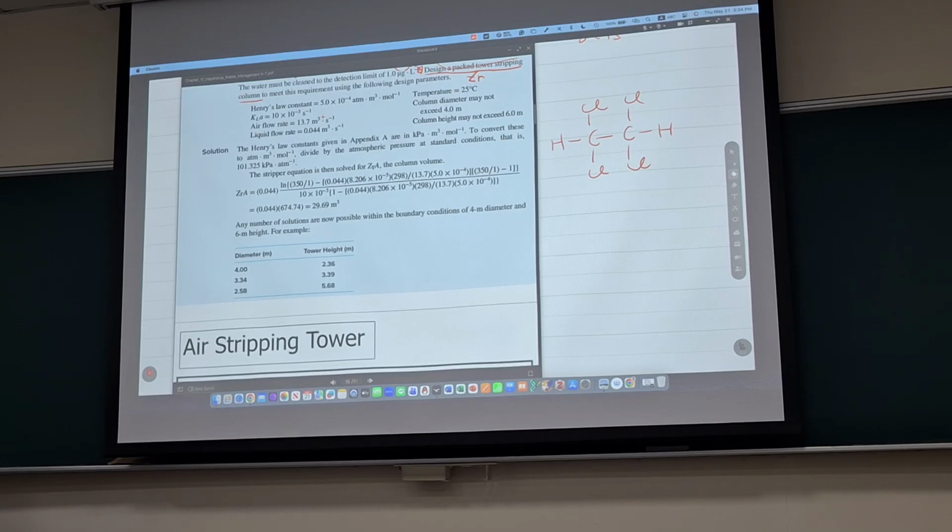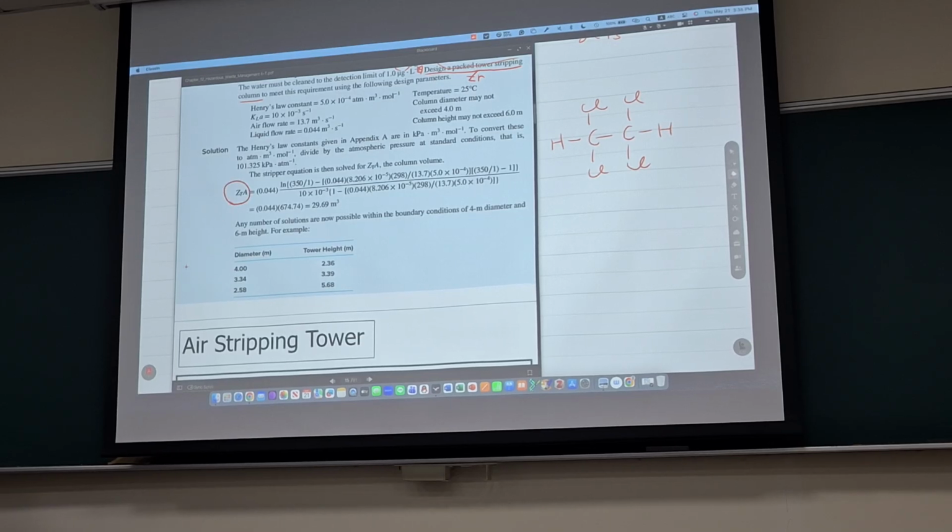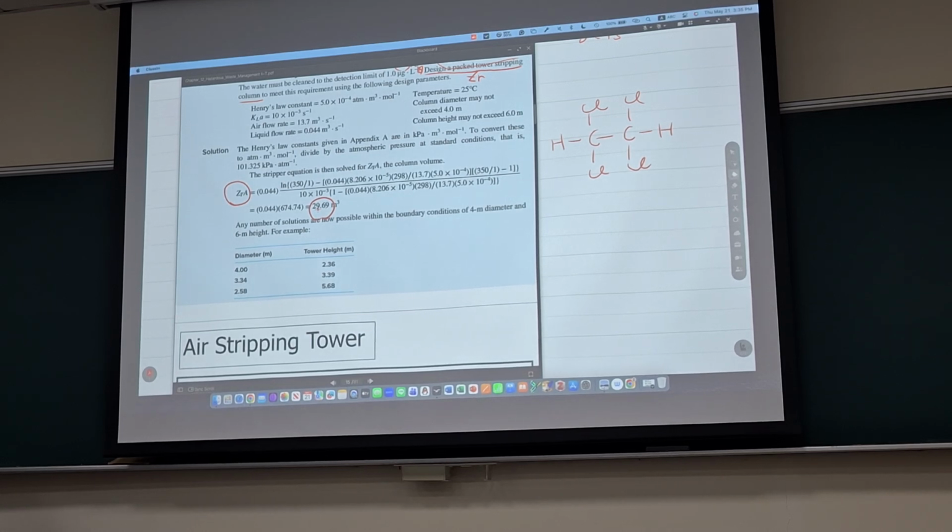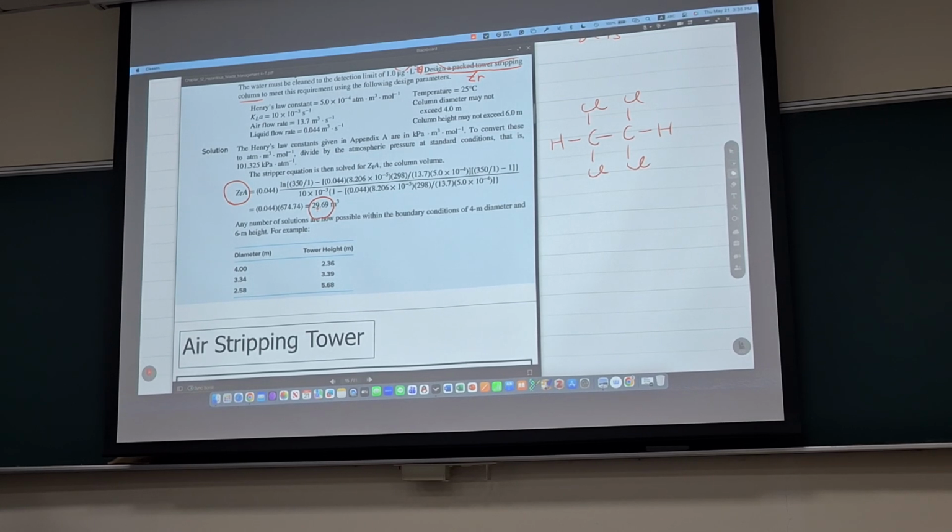Understand? Just simply use the formula and we can find out the answer, which will be 29.69.